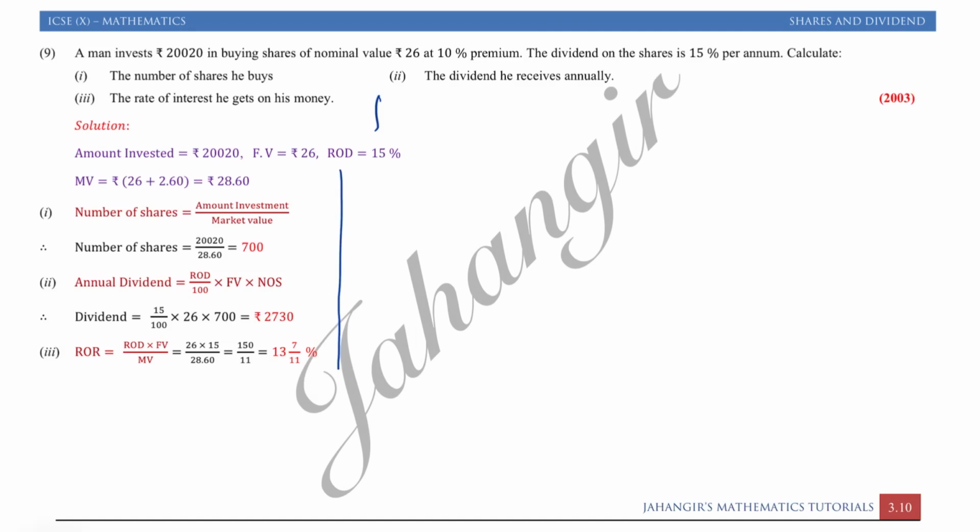Question number 9. A man invests rupees 20,020 in buying shares of nominal value rupees 26 at a premium of 10%. So let us write the information. Amount invested is equal to rupees 20,020, whose FV is rupees 26, and MV is at a 10% premium.